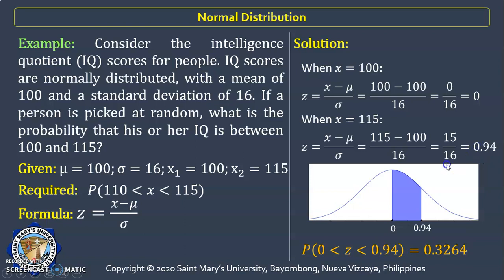So we are getting the probability from 0 to 0.94. Since the left portion is 0, we can directly get this from our normal curve. So the probability between 0 and 0.94 is 0.3264. So this is the probability that the IQ is between 100 and 115, or in percentage it is 32.64.